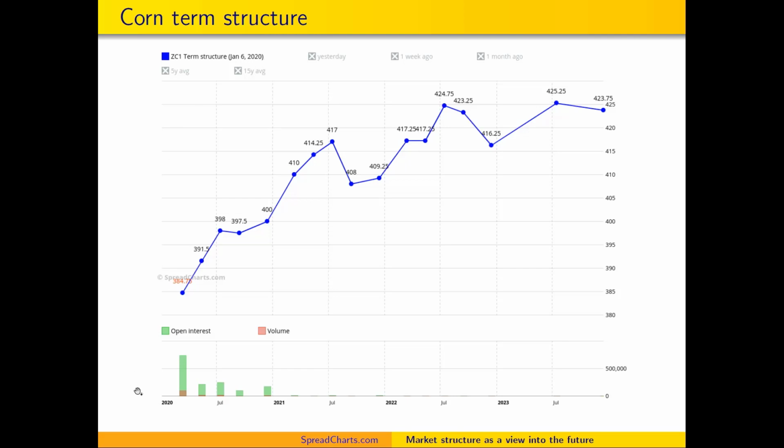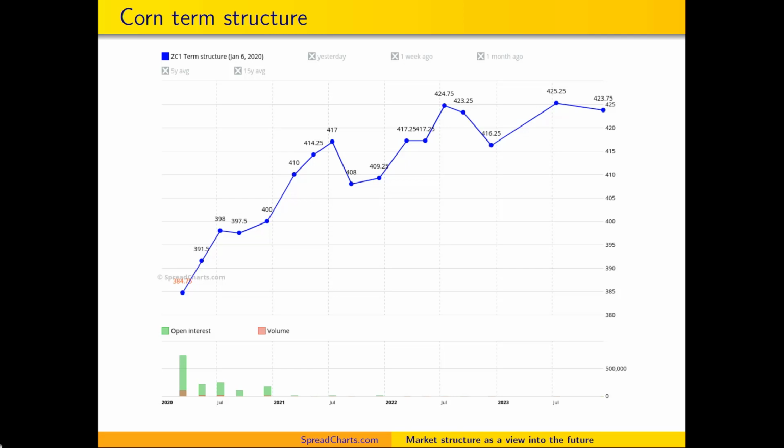We don't want to delve into this too much at this point, but simply put, the higher these columns are, the more traded the contract is. This is also called liquidity. When some contract is traded a lot, we say it's very liquid. And you can notice that the more to the future we go on the chart, the less liquid the contracts are. The nearest contracts are usually the most liquid.